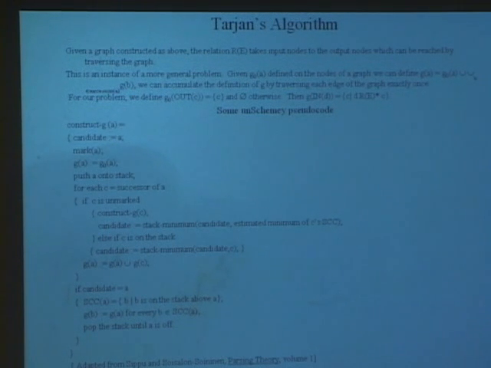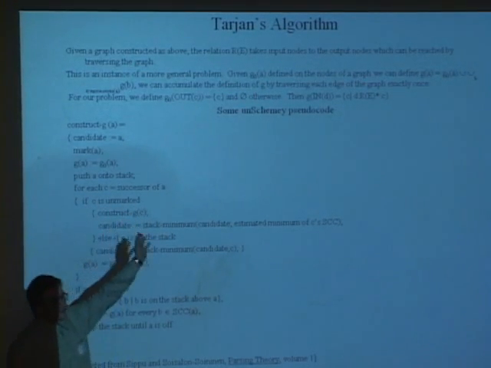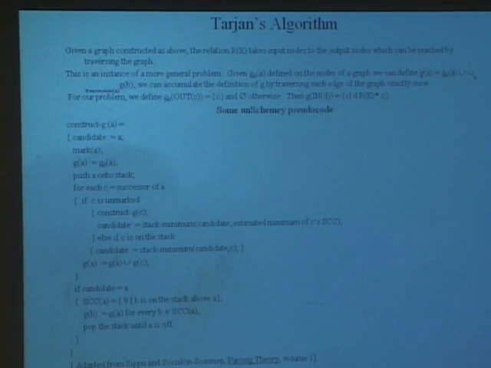So given a graph constructed like this, or any graph, and a function that's defined on the nodes, you want to define inductively a function, so you have G naught defined on each node. You want to define G to be the union, or the join, or whatever, on all of its successor nodes, right, and itself.